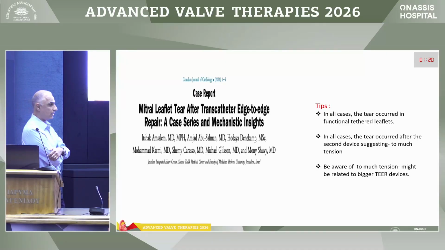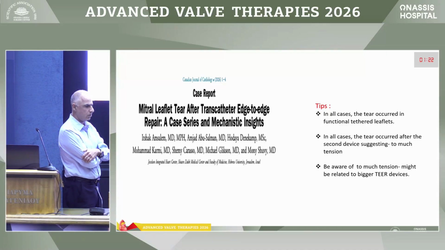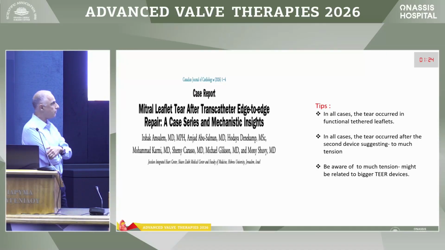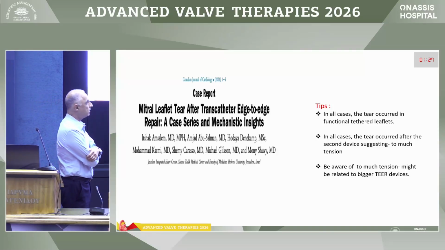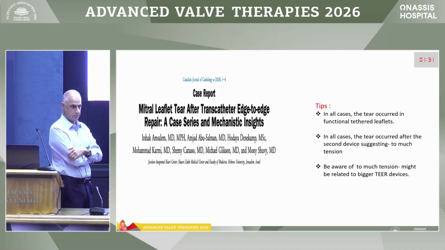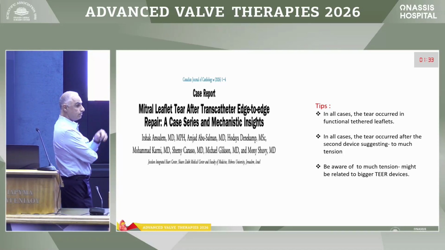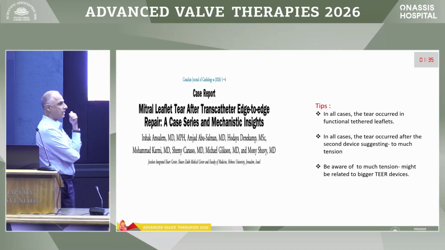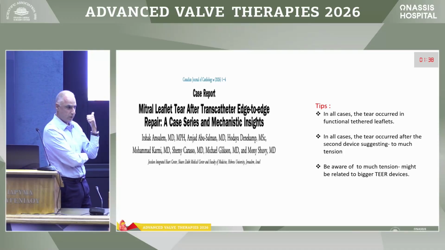We collected 4 cases from our data of almost 700 cases. In all cases, the tear occurred in functional tethered leaflets. In 3 of the cases, it was immediately during the procedure, and in this case it was 2 weeks after the procedure.